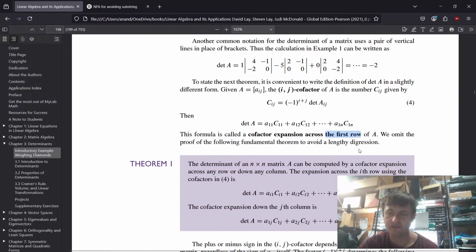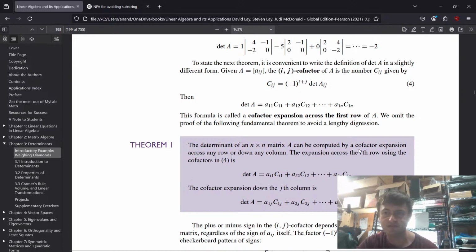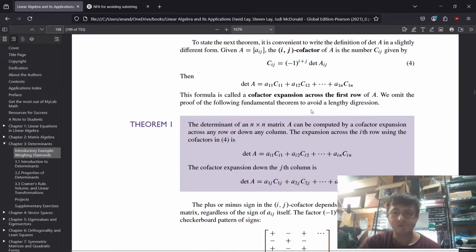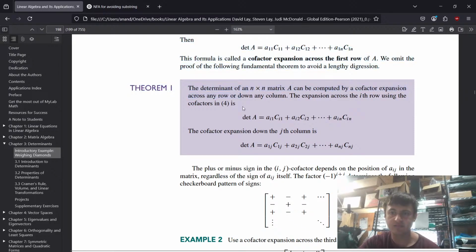Okay, that's fine. It's just a different way to write the formula. We omit the proof. The determinant of an n by n matrix can be computed by a cofactor expansion across any row or down any column.